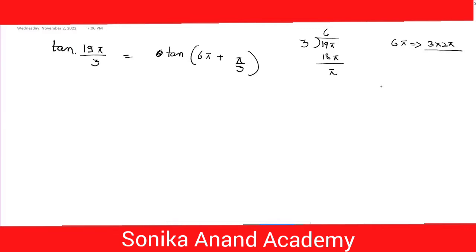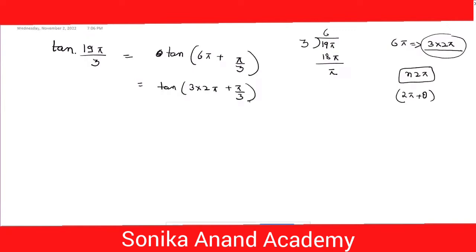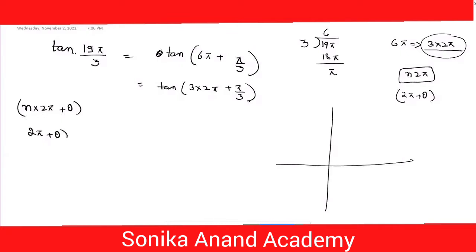Whenever we have a multiple of 2 pi, it is treated as the 2 pi plus theta format. So overall we can write it as tan of 3 into 2 pi plus pi by 3. Now this becomes the format n into 2 pi plus theta, that is 2 pi plus theta.